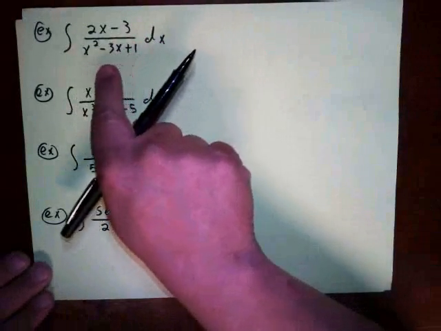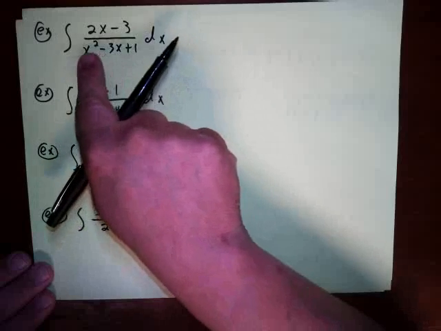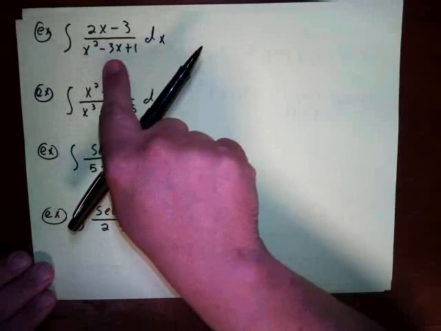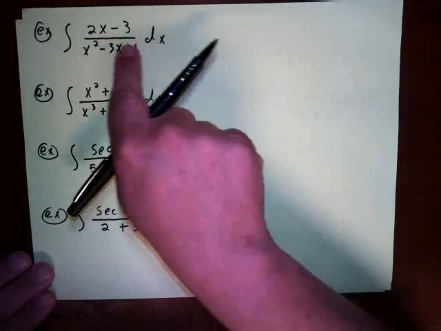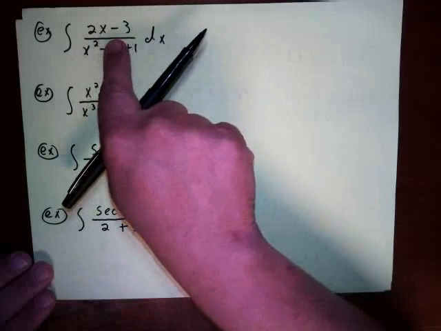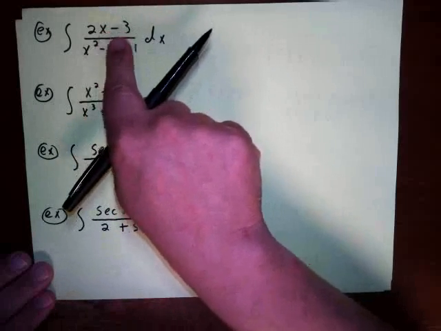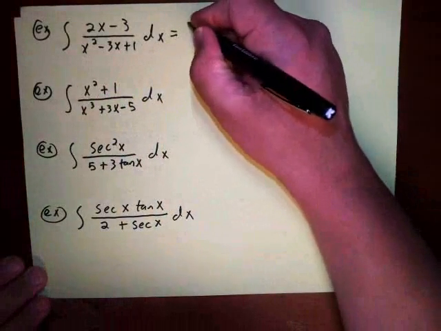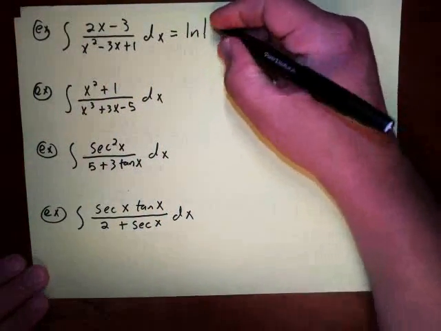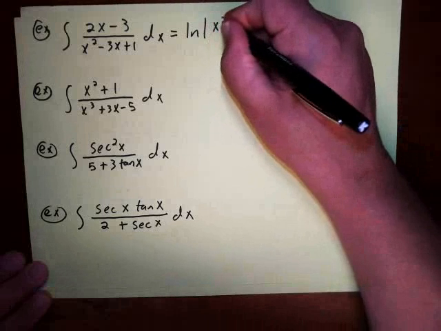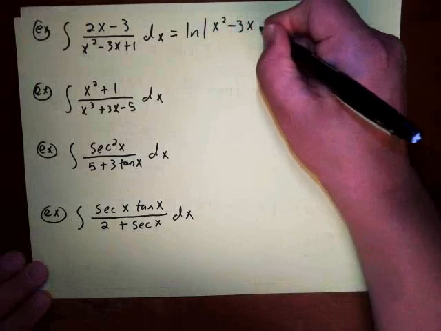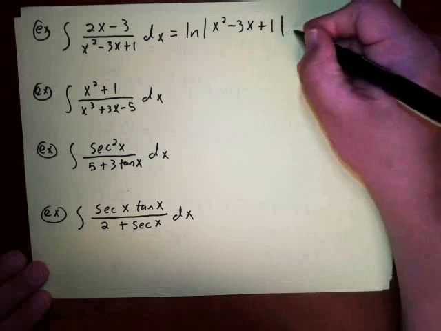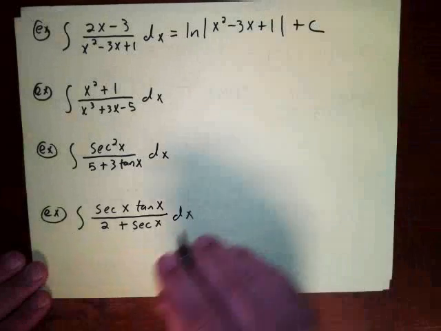So if I'm looking at this, if I take the derivative of the bottom, I get 2x minus 3, and then the plus 1 goes away, and that's what I have on top. So my top is equal to the derivative of the bottom. So real nice and easy. This is just the natural log of the absolute value of x squared minus 3x plus 1. All of that plus c.